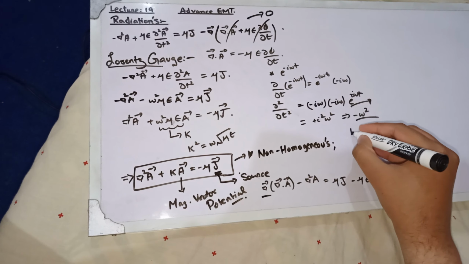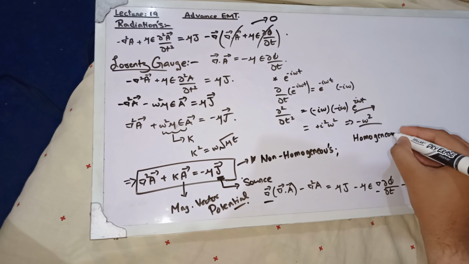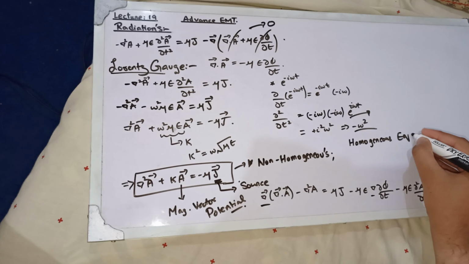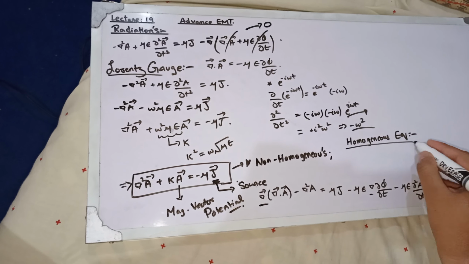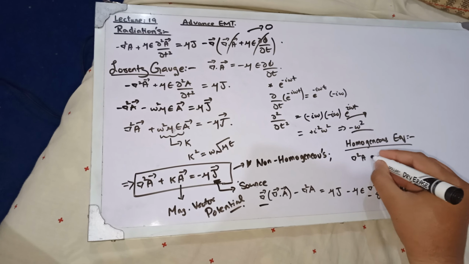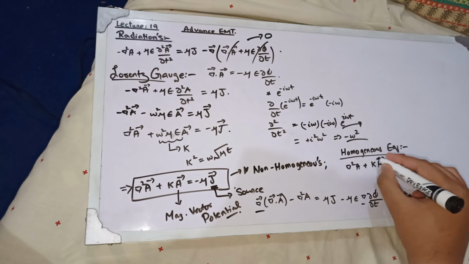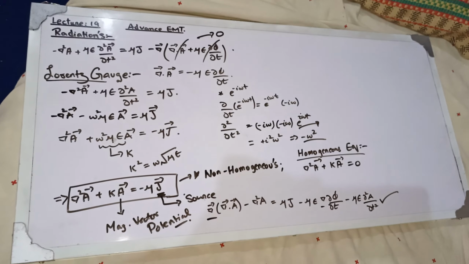But if you want the homogeneous equation, the source term becomes equal to 0, meaning this term equals 0. Then del square a plus k square a becomes equal to 0. So this is your homogeneous equation.